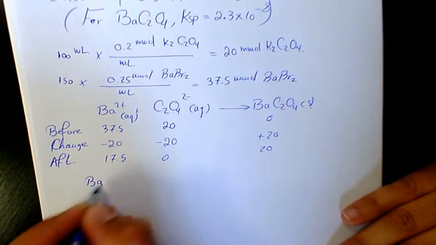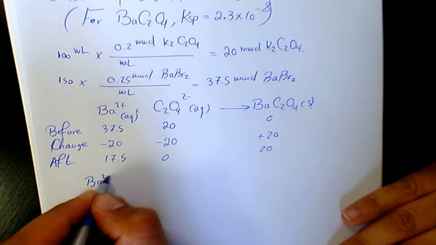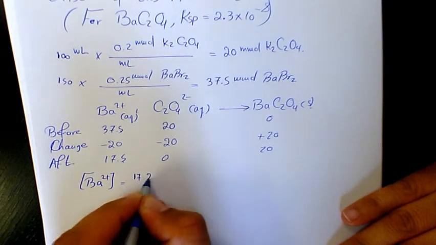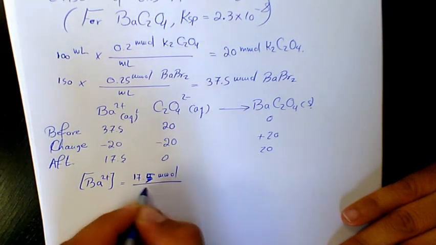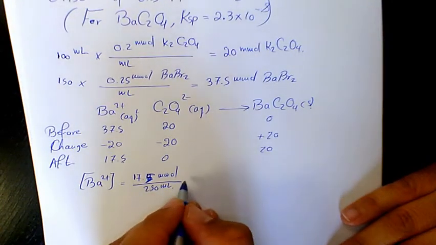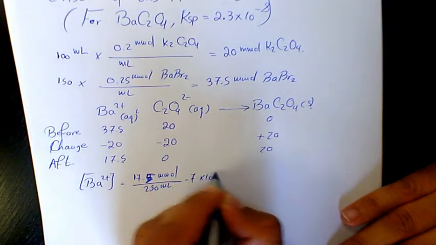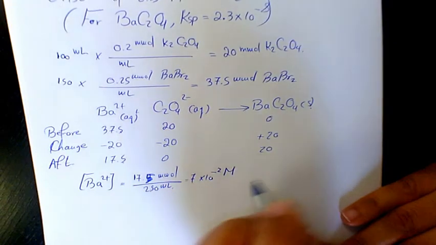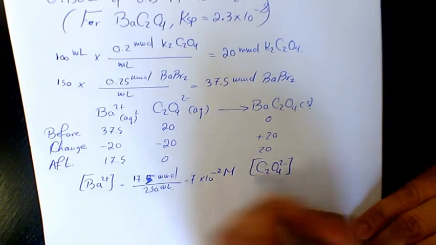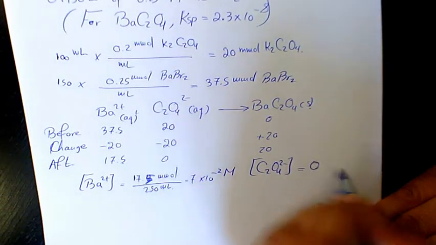So then the new initial concentration for barium is 17.5 millimole per 250 milliliter, because you mix them. That's going to be 7 times 10 to the power of negative 2 molar. Oxalate ion is going to be 0 because it's consumed.